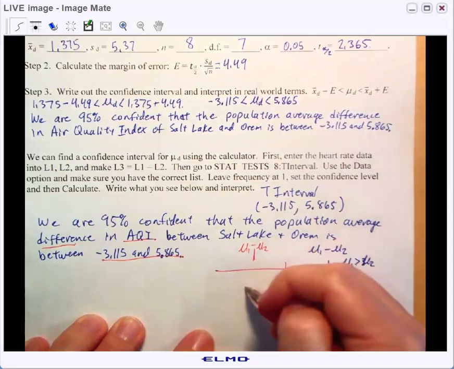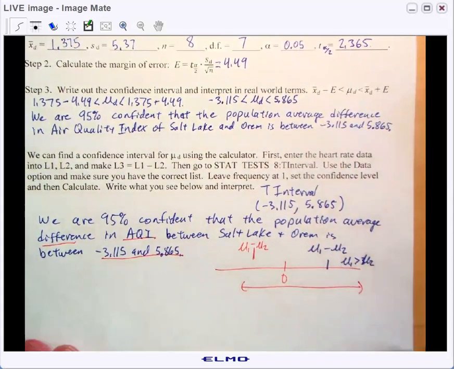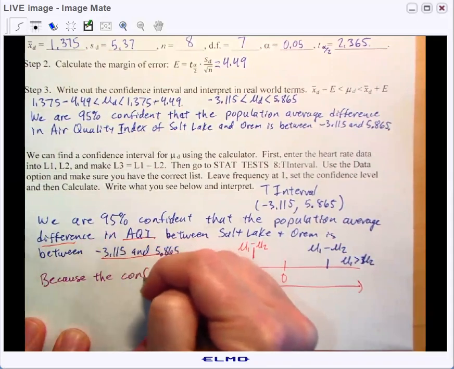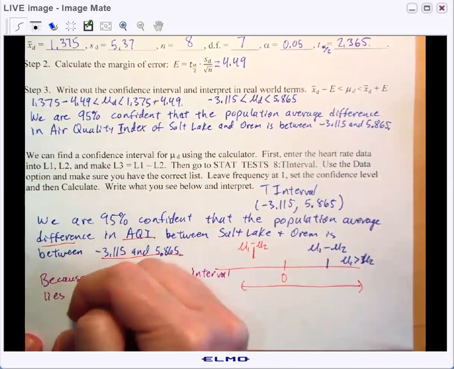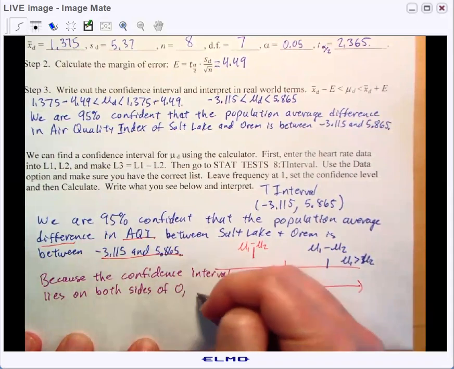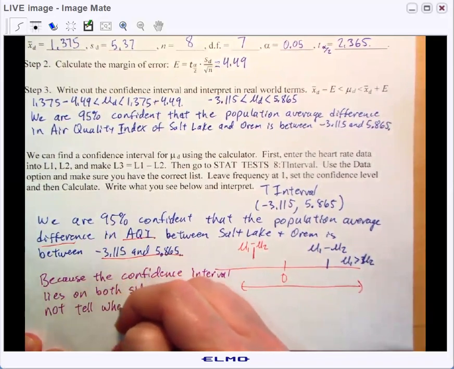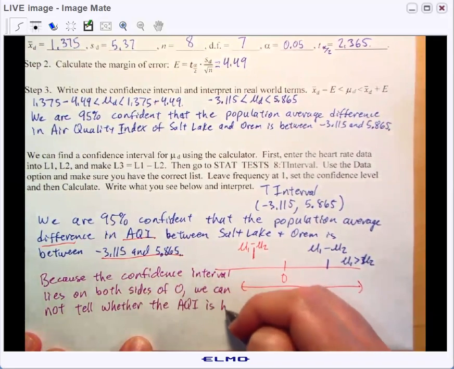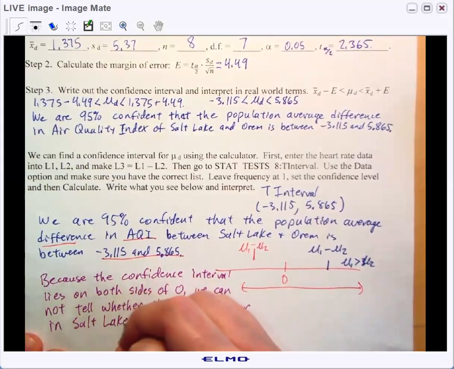Okay, so if our confidence interval is on both sides of 0, like it is here, when we do our second part to our conclusion here, we say that because the confidence interval lies on both sides of 0, we cannot tell whether the AQI is higher in Salt Lake or Orem.